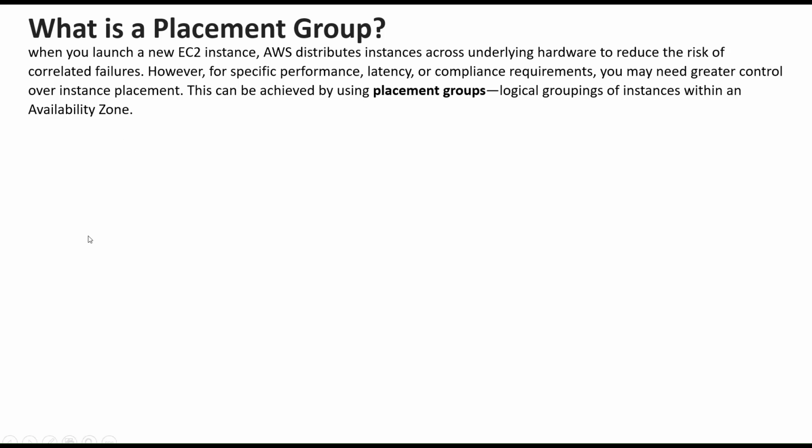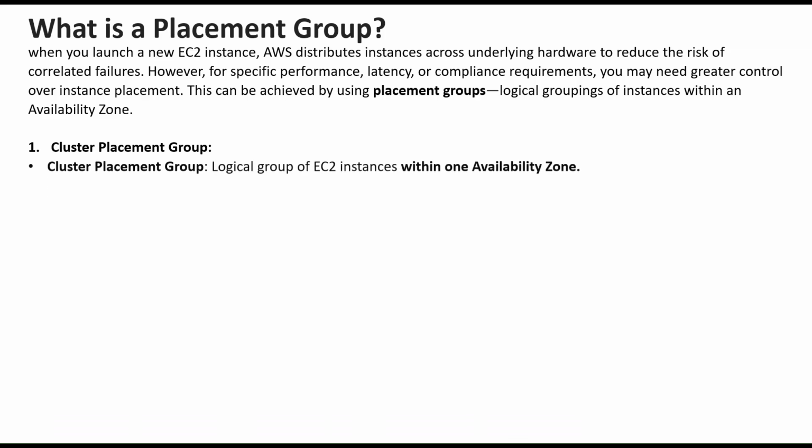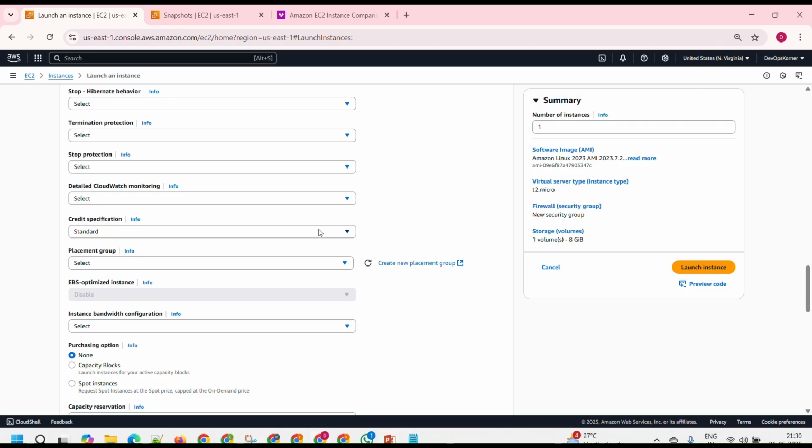Everything we have, right? So the first one is the cluster placement group. What is it? A cluster placement group is a logical group of EC2 instances within a single availability zone.